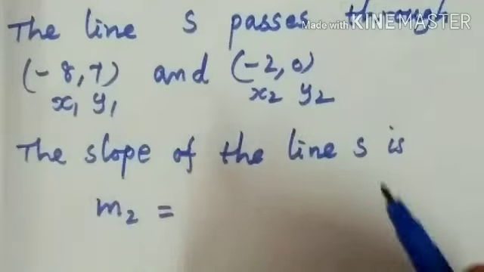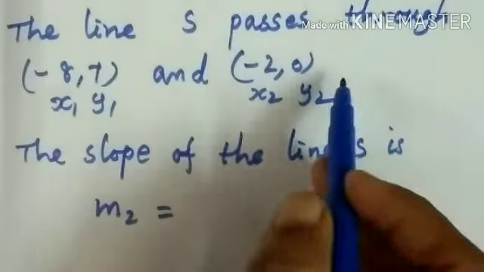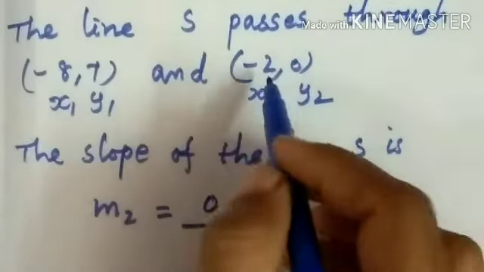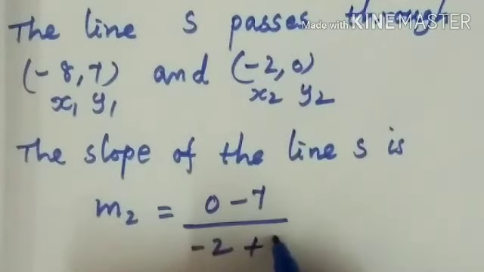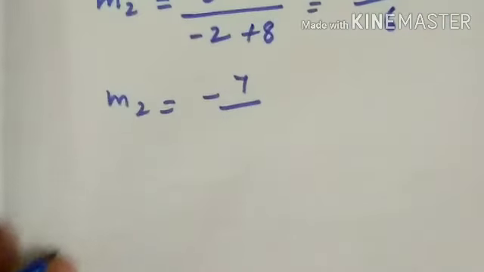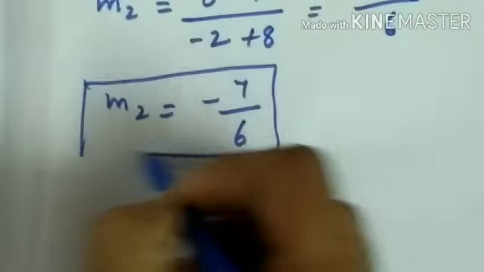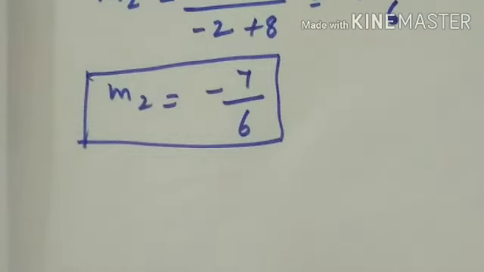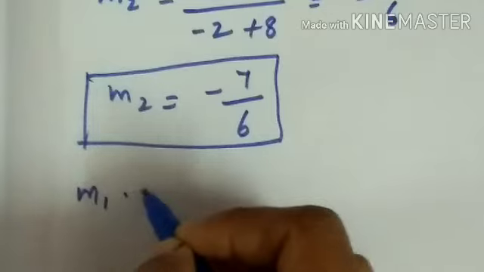m2 is equal to, now you apply these points in the formula. We have y2 minus y1, that is 0 minus 7, by x2 minus x1, that is minus 2 minus of minus 8, plus 8, which is equal to minus 7 by 6. Therefore, m2 is equal to minus 7 by 6. Now, you have to multiply these two slopes, that is m1 into m2.